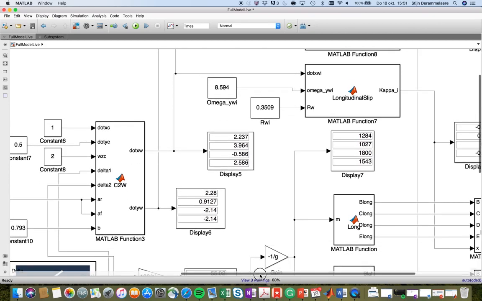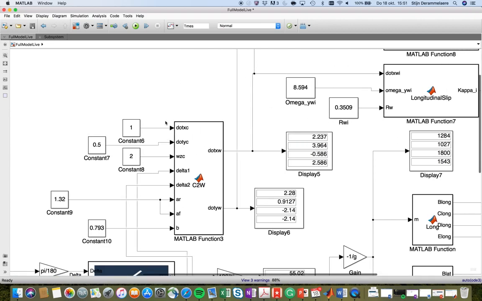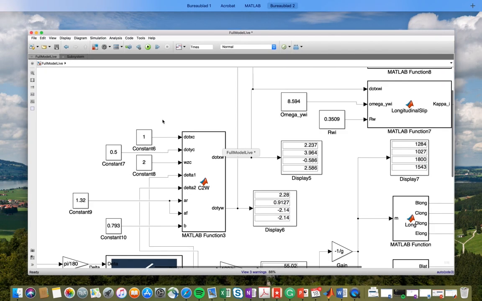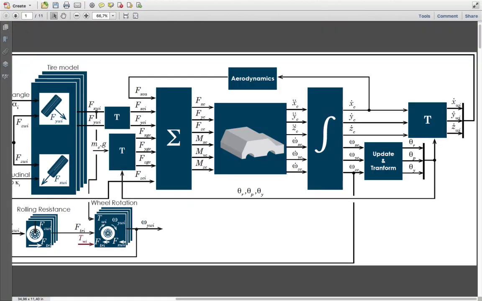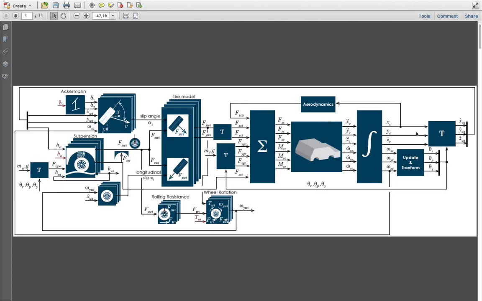How do we obtain them? Well, we had a certain speed of the center of the car. This is something that will be determined later on in our complete model. If you take a look at the complete model, you see that this will be fed back. We will have these values and we will use feedback to bring them back here.